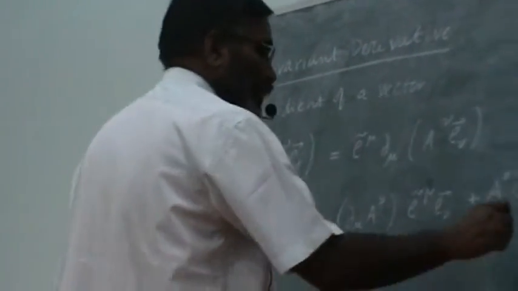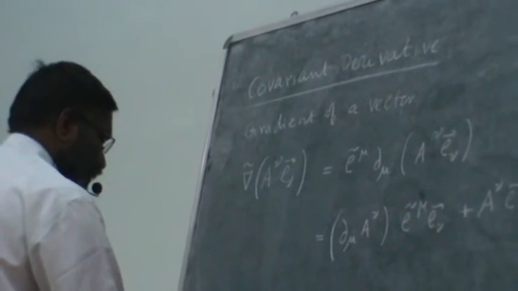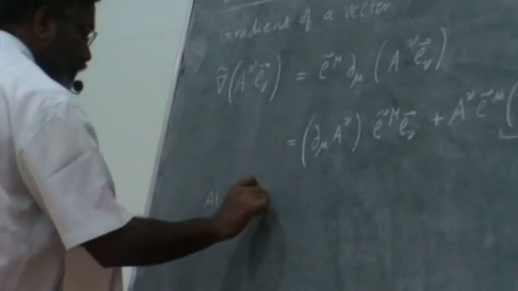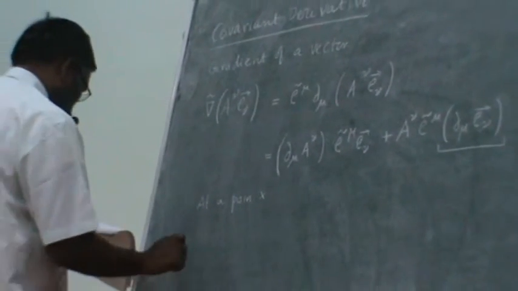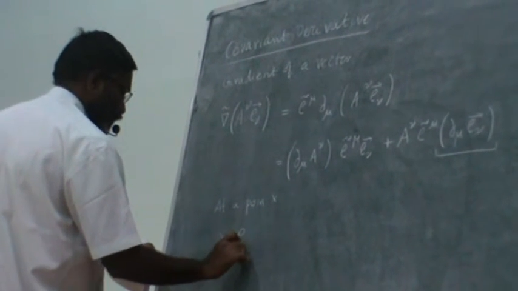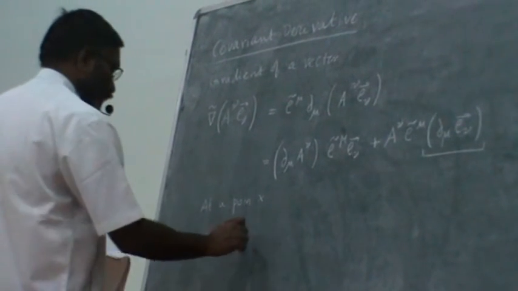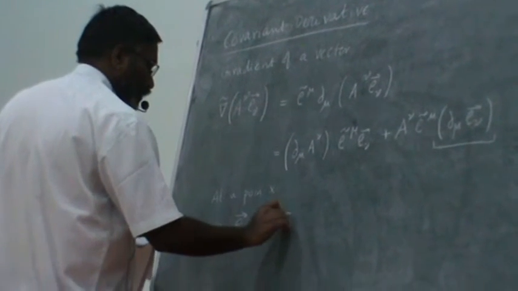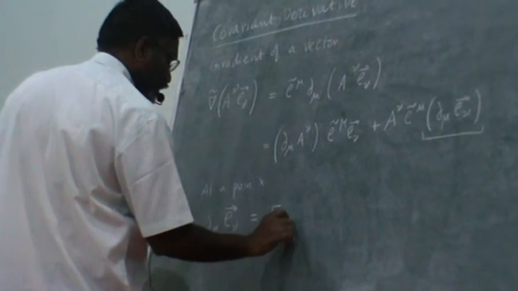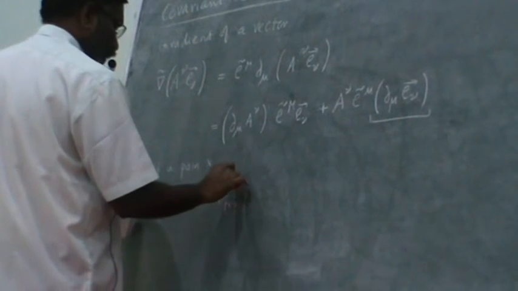Now this particular quantity, at a point x, del_mu of e_nu, can be written as gamma^lambda_mu nu into e_lambda, with mu and nu as free indices.